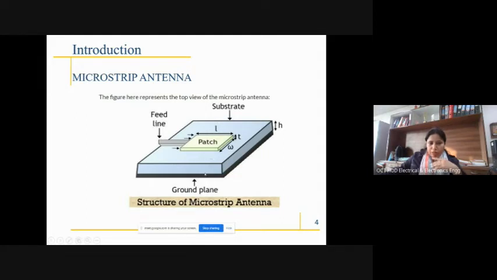I designed the microstrip antenna and filter on this microstrip substrate, and the topic is miniaturization and integration of antenna and filter to reduce the radio frequency interference. I designed both antenna and filter on this microstrip substrate.